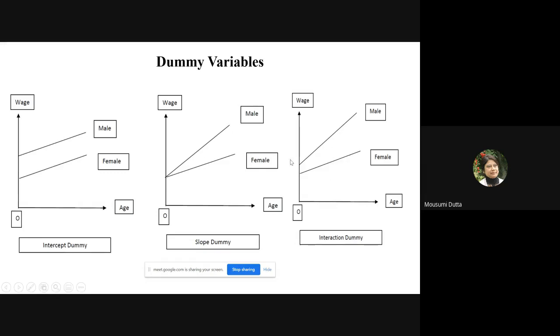And this is called the interaction dummy, where both the intercept as well as slopes are changing. Actually, in our analysis, we will mostly focus on the first and the third variety, because the second is in between. We will develop our models and analyze the first and the third varieties.